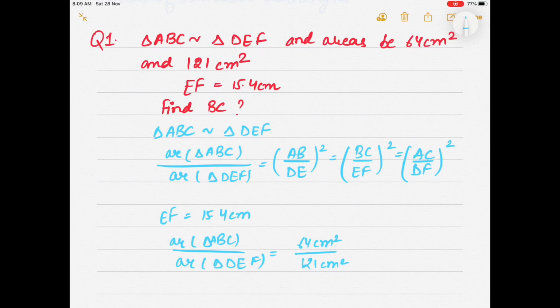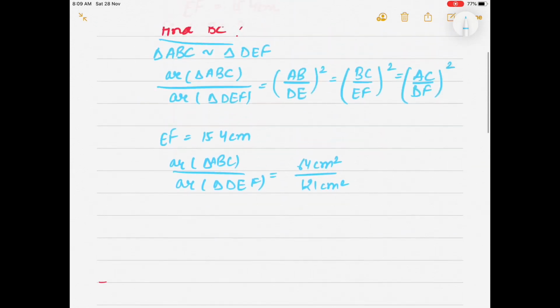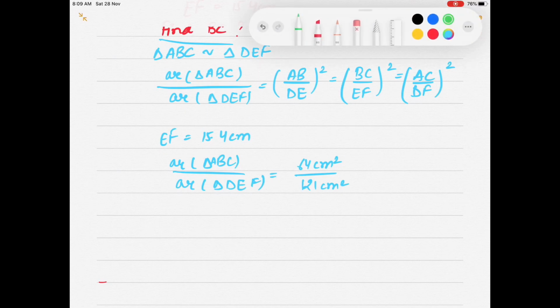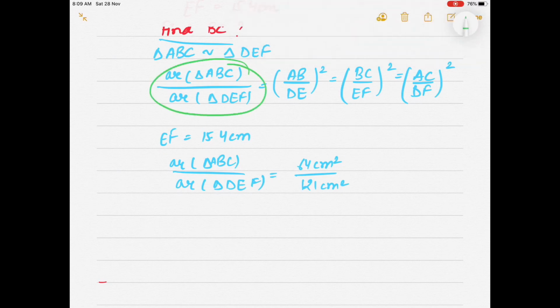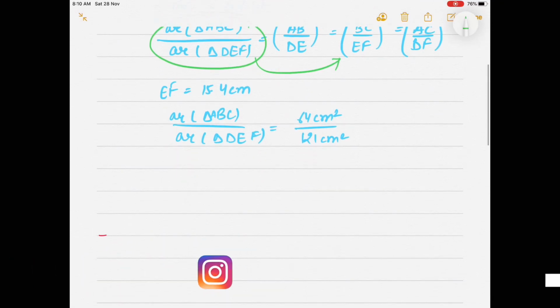EF is given as 15.4 cm, but here we have to find side BC, because the question asks us to find BC. So we put the area of triangle ABC divided by the area of triangle DEF equal to (BC by EF) whole square, because the ratio of the areas of similar triangles is equal to the square of the ratio of the corresponding sides of the two similar triangles.